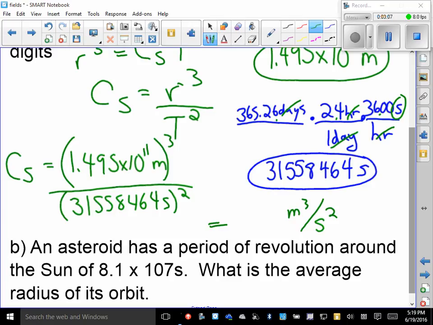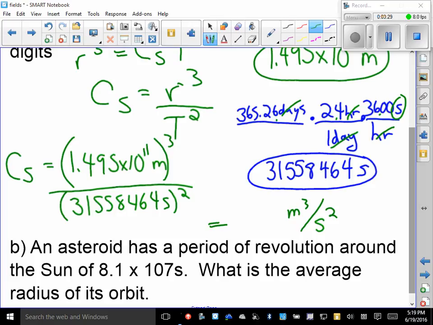To 4 significant digits. Okay, so 1.495 exponential 11. Now I take that number and I cube it. Then I divide by bracket 31,558,464.